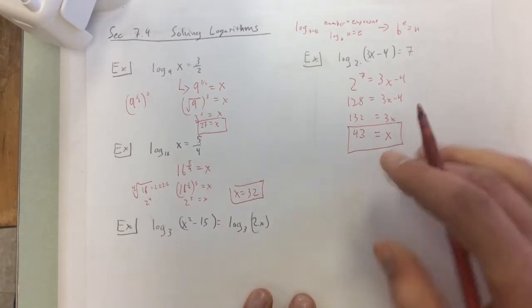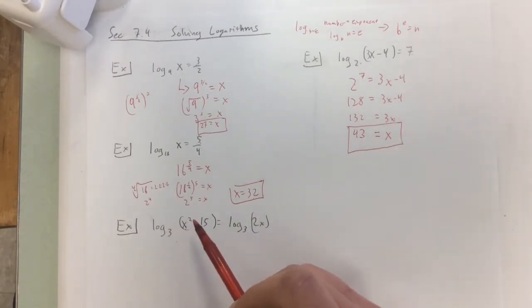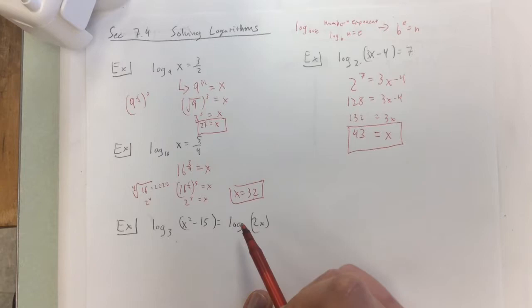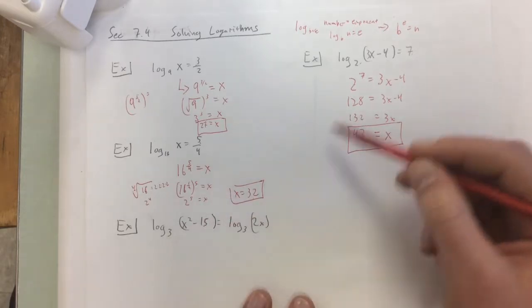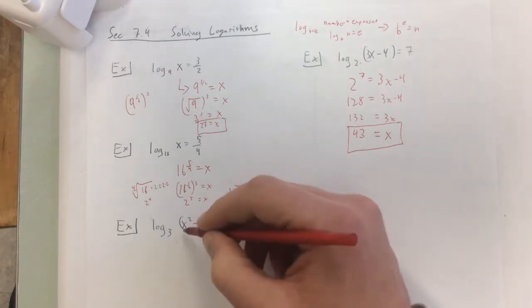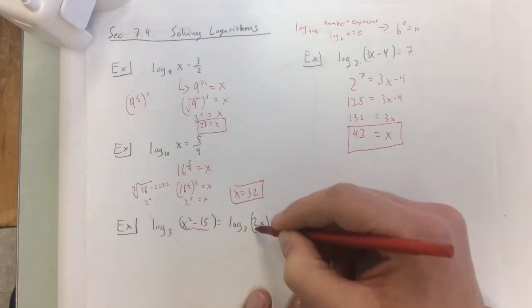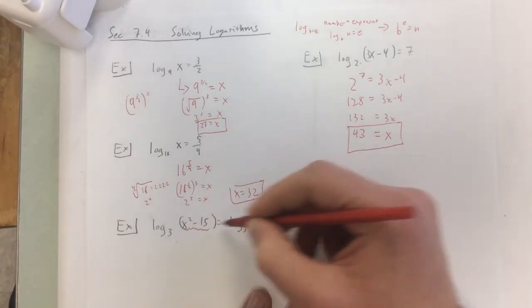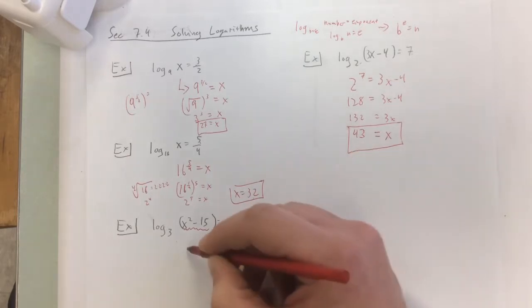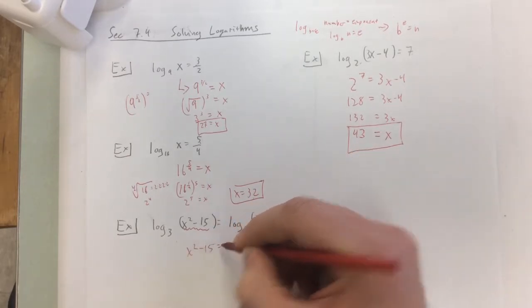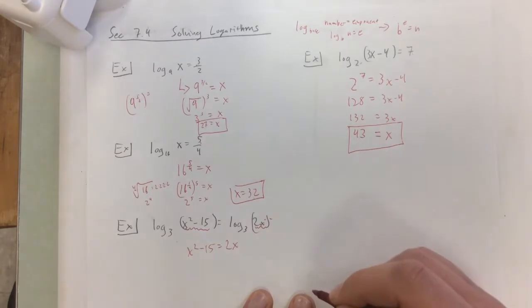Down here, log base 3 of x squared minus 15 is equal to log base 3 of 2x. Well, really, I don't have to do any fancy thing here, because basically this is just saying these numbers inside have to be the same. So x squared minus 15 has to equal 2x.